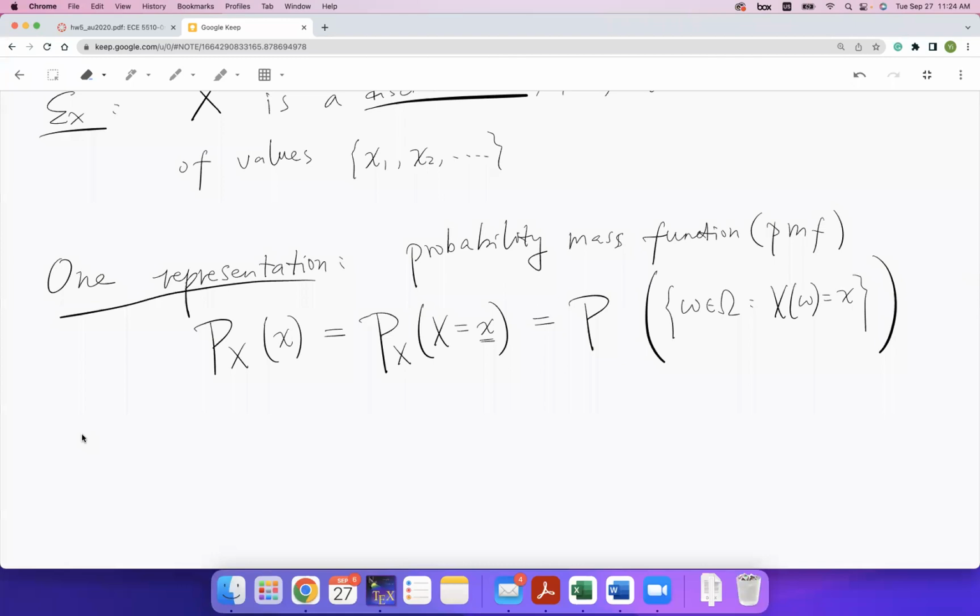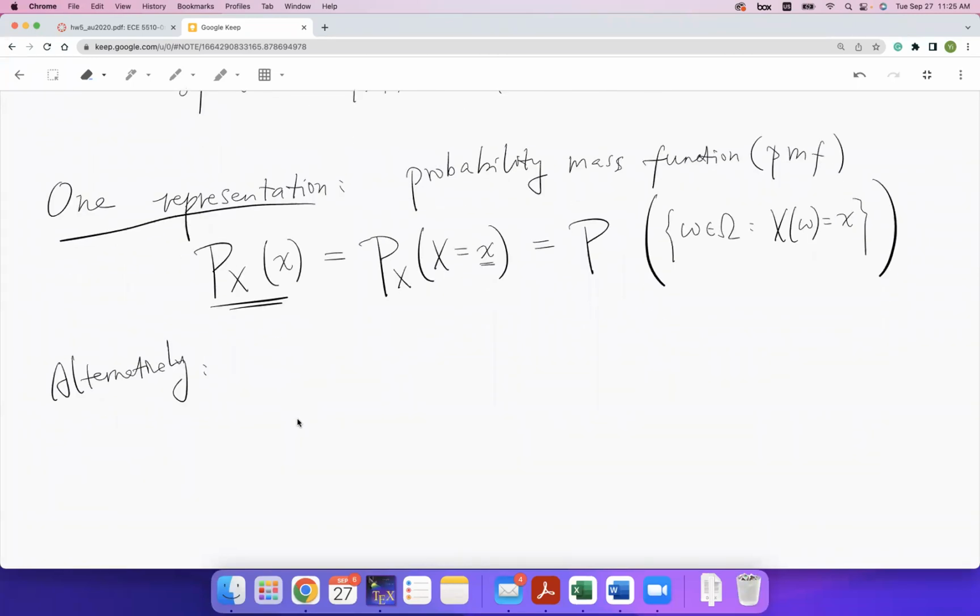But we can write this in a continuous form, because if you want to use the probability mass function, there's one restriction that you need to impose on this function. That is, this small x can only take these discrete values, right? They can only be the discrete realizations of these random variables. But if you want to get rid of that, you can define the PDF by using the delta function.